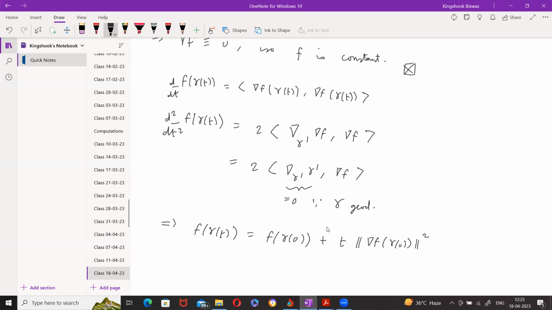Okay, very good. So you can just say this is bounded in t because f is bounded. That implies that the norm of grad f at gamma 0 is 0.